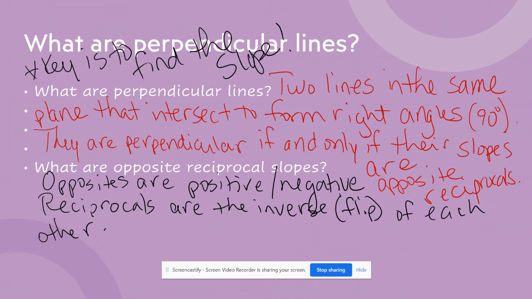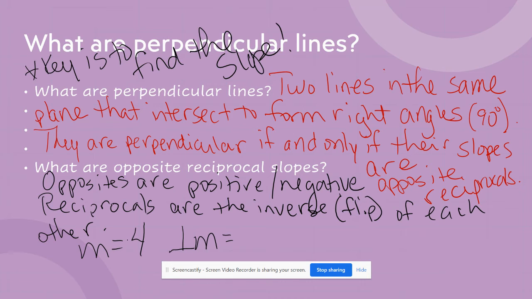So some examples. If my slope given is positive 4, then perpendicular slope. So perpendicular is an upside down capital T. That's the symbol for perpendicular lines. Not sure if you remember that from any of your geometry.